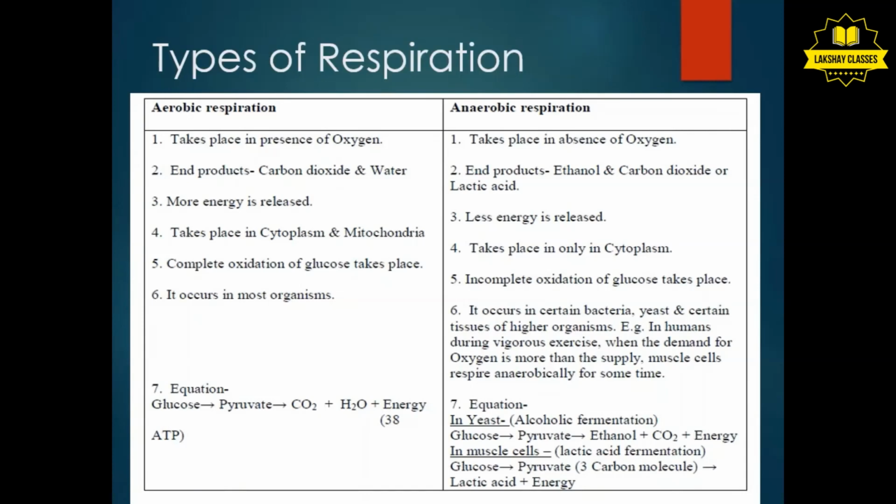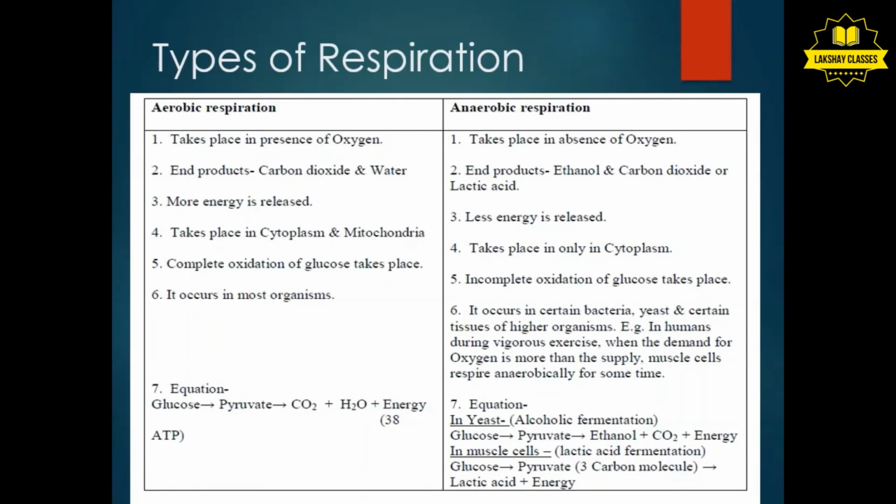The complete oxidation of glucose takes place in aerobic respiration, which generally occurs in most organisms. When we talk about aerobic respiration, glucose is broken down into pyruvate. Pyruvate is a 3 carbon compound, glucose is a 6 carbon compound.